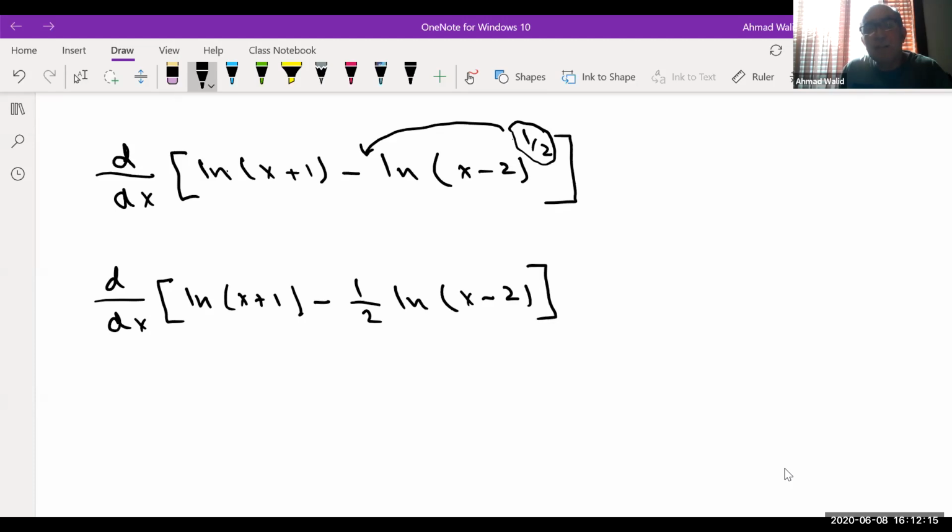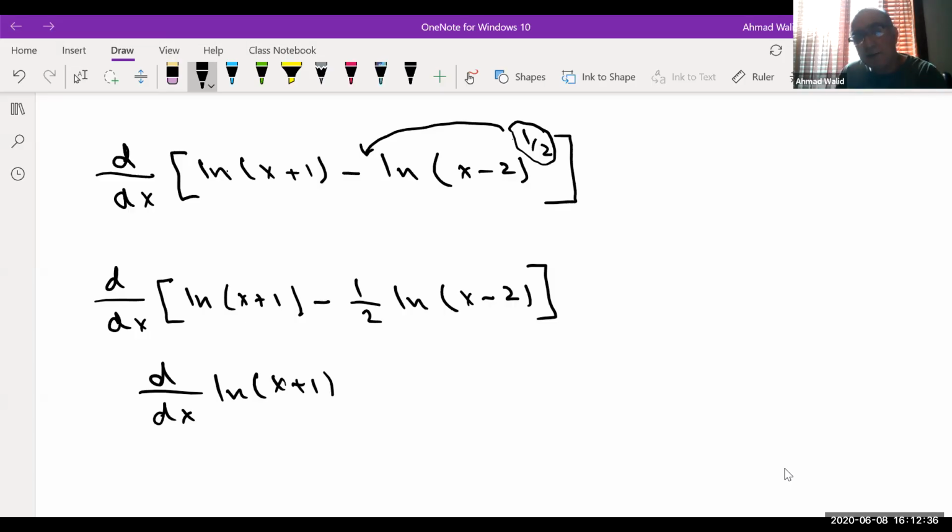Now, the derivative of this part minus the derivative of this part. D over dx of ln x plus 1. My problem goes longer because I want to show every single step for you, but you are in calculus 2. You can skip some steps if you know what you are doing, right?